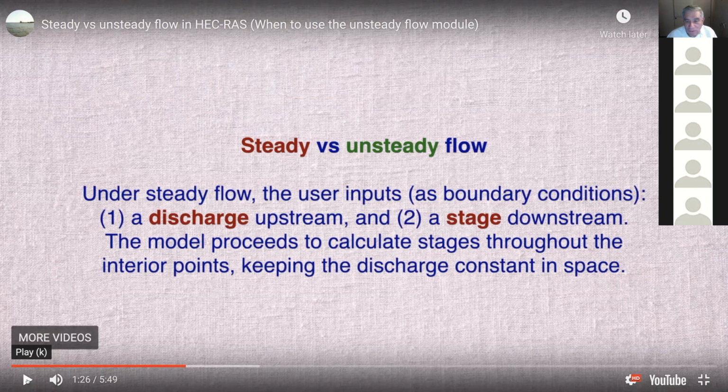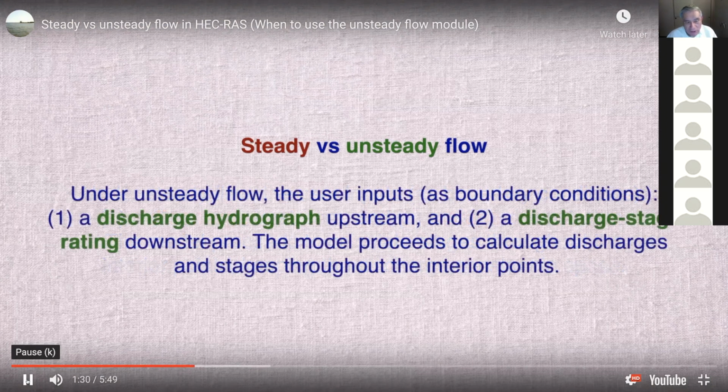So under steady flow, the flow is constant. It's one Q: Q upstream, Q in the middle, Q downstream.